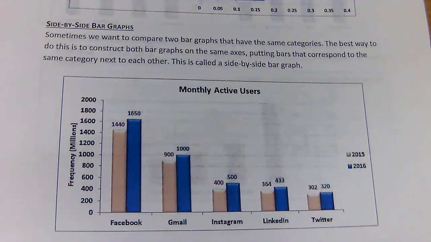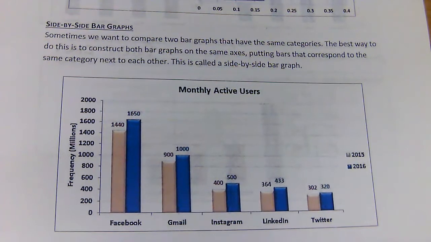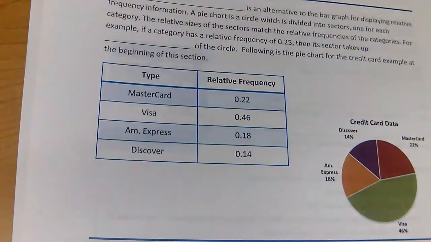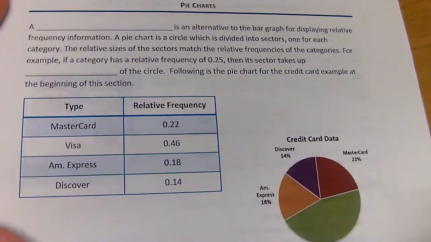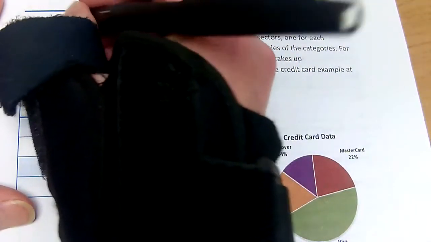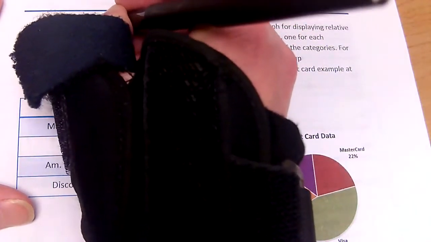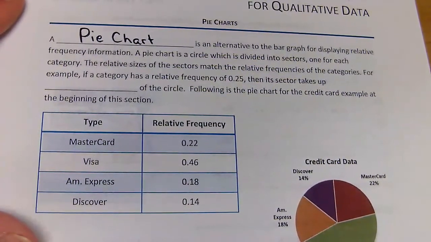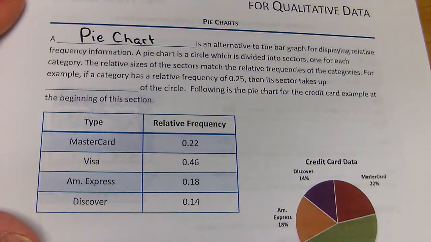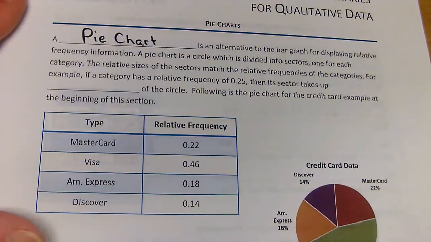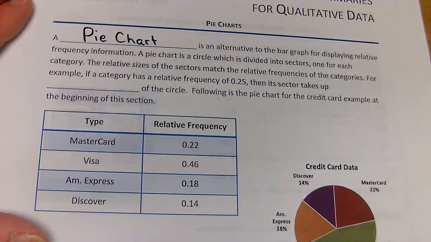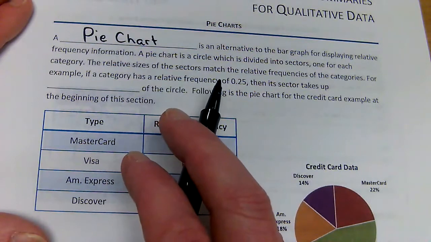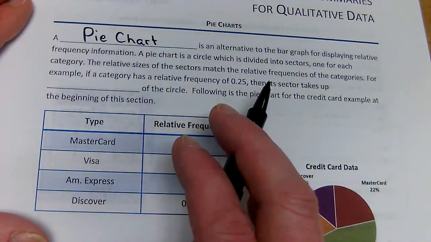Another way we can look at qualitative data is with a pie chart. A pie chart is another way of looking at our frequencies, or our relative frequencies, actually. It's a circle divided into sectors, one for each category, and the relative size of the sectors match the relative frequencies.